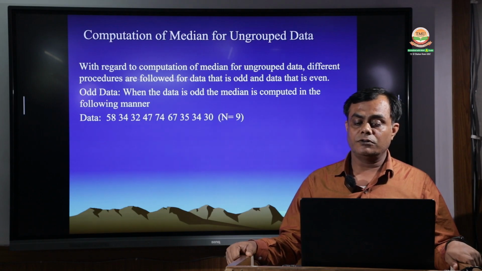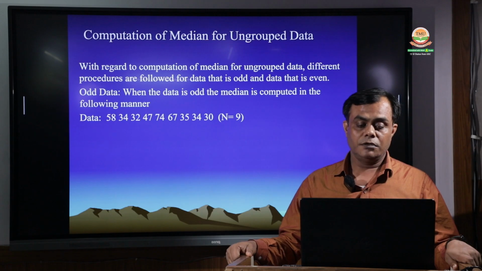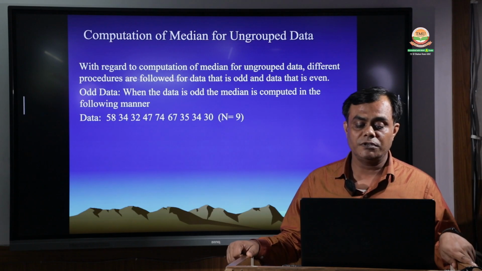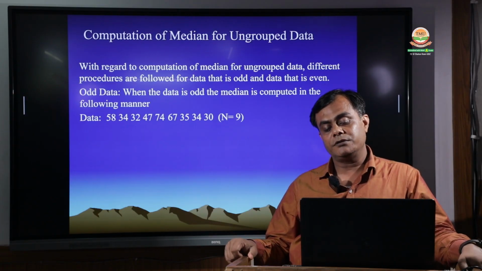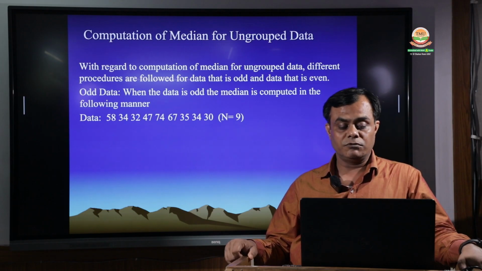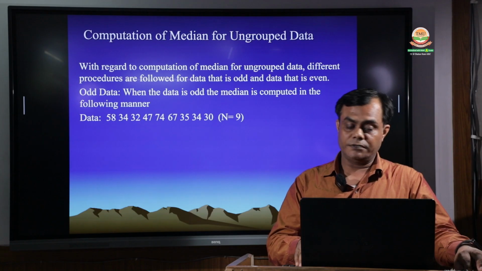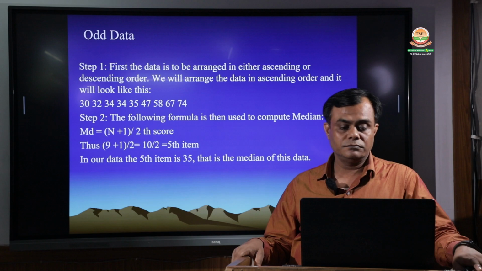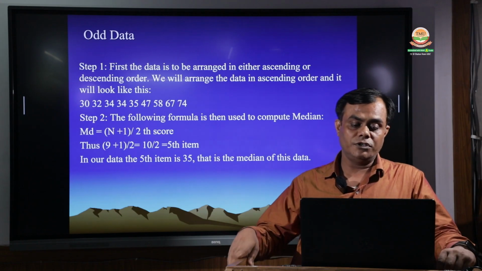When the data is odd, the median is computed in the following manner. The data is 58, 39, 32, 47, 74, 69, 34, 35 and 30. So N is equal to 9, that is odd data. Step 1: first the data is to be arranged in either ascending or descending order.